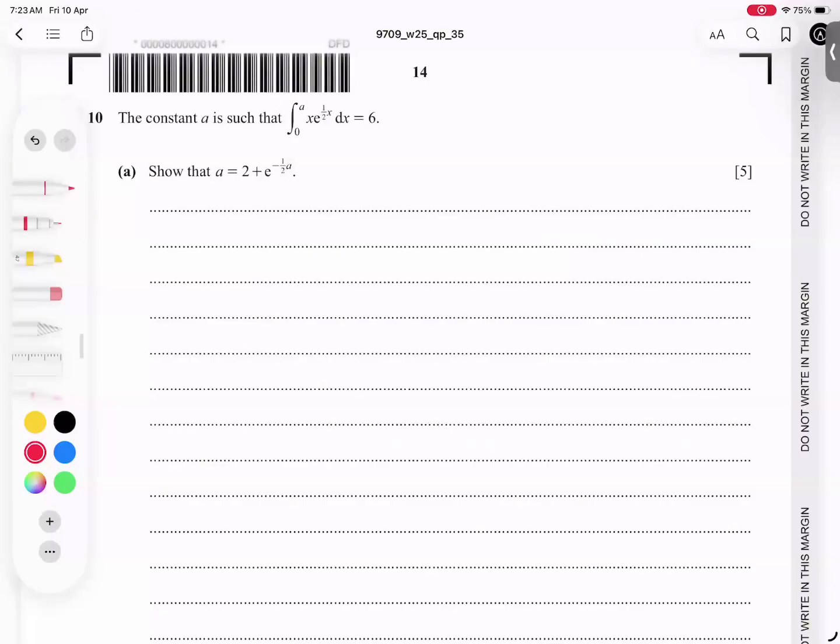Question number 10, students. We have a constant a such that this integration sign is given, a function is given, and we have to show this connection. If you can see, two functions are multiplying, so we will do integration by parts. Whenever two functions multiply, how can we do it?